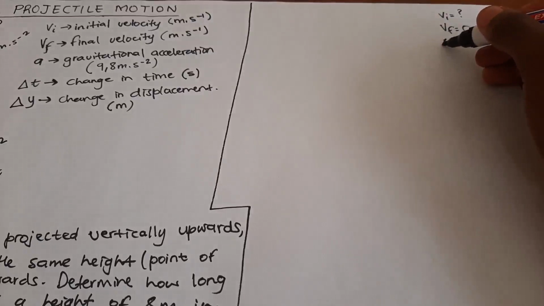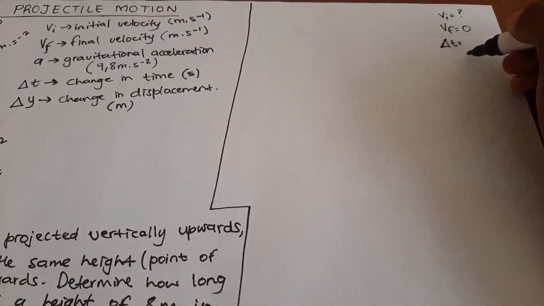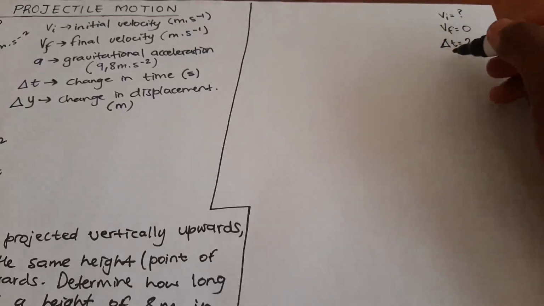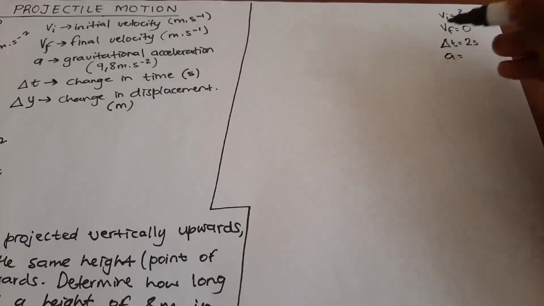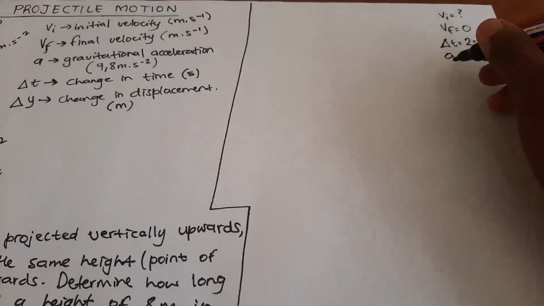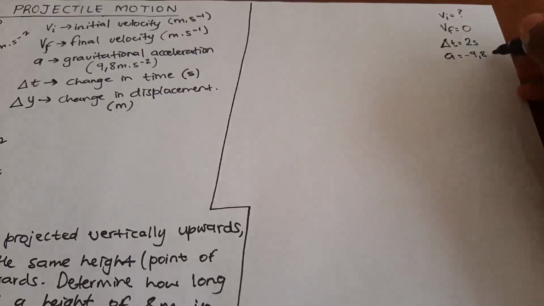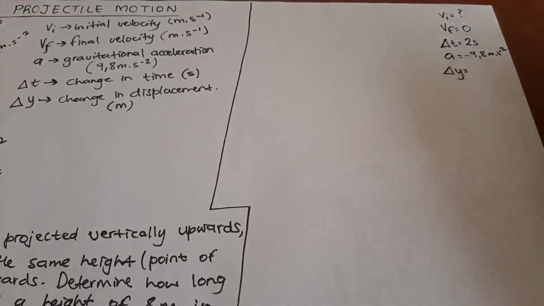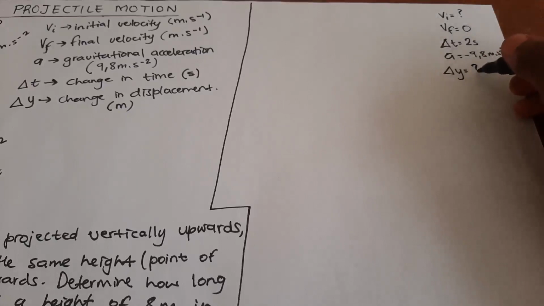Let's say change in time is equal to 2 seconds, to that maximum point where the final velocity is 0. What's the acceleration? It was opposing the motion, negative 9.8 meters per second squared. Change in y is equal to what? We don't know.